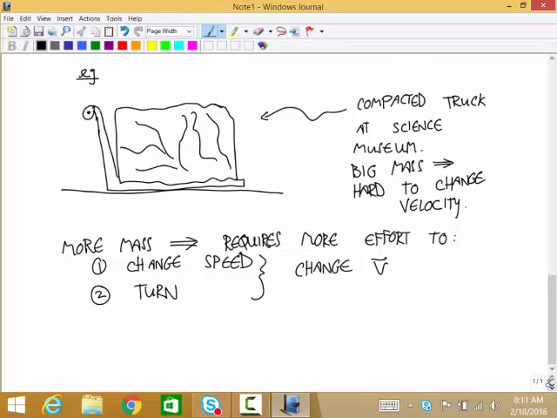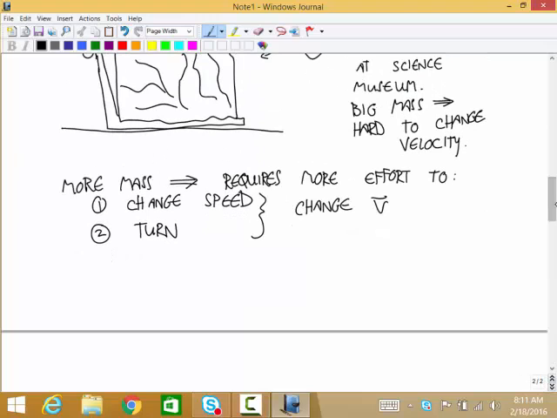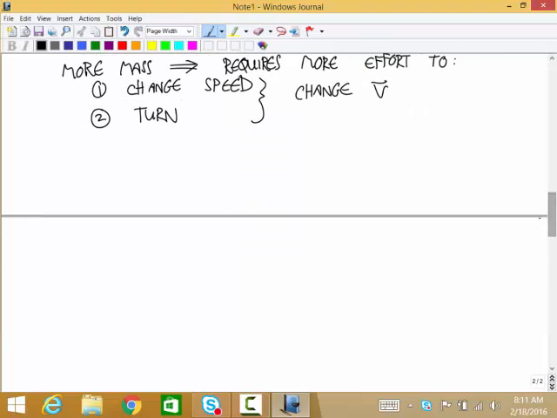Okay, so what's the relationship between mass and weight? Mass and weight are not the same thing.